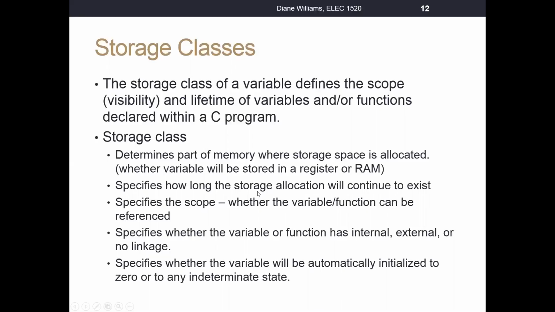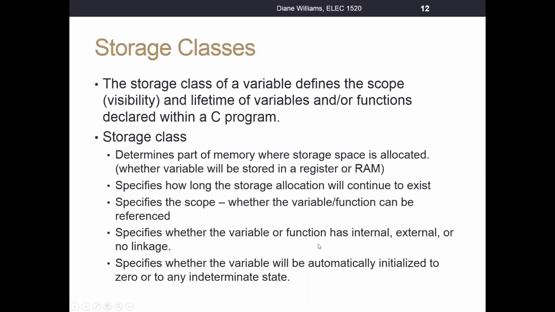The storage classes will specify how long the storage allocation continues to exist, the scope, so whether the variable and function can be referenced, and it specifies whether the variable or function has internal, external, or no linkage. Well, linkage gets us into an area of having more than one C file, so we don't have to worry about that yet.